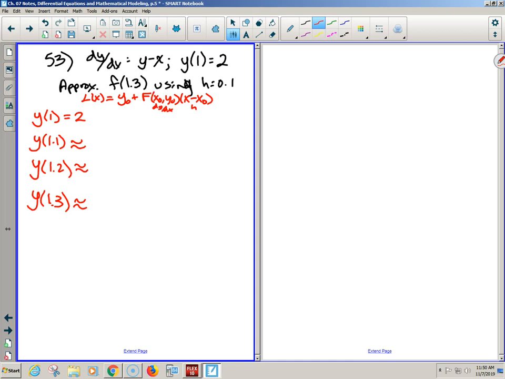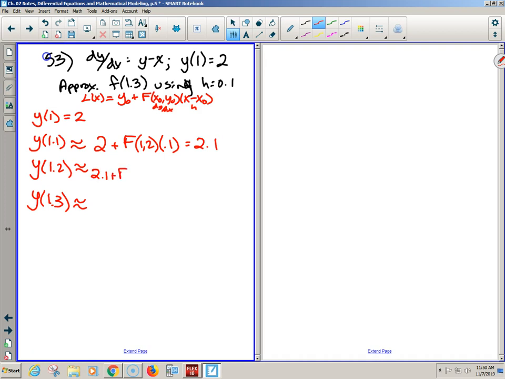So, can't I just steal my y? Yep. Then what? F of, remember we had to look back. 2 times my h is 0.1, true? And so plugging back in, 2 minus 1 is going to be, right, y minus x. So 2 minus 1 is 1, 1 times 0.1 is 0.1, this is going to end up being 2.1. Keep going, true? Right.